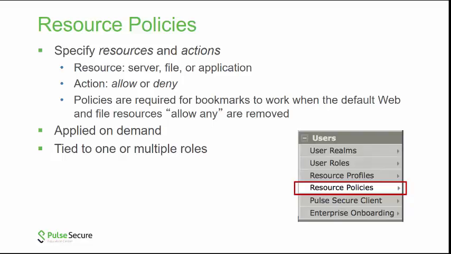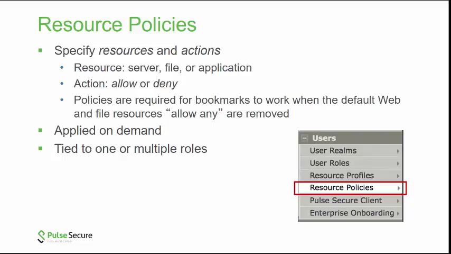Unlike roles, which are assigned once at login, Pulse Connect Secure evaluates resource policies each time a user attempts to access a resource. This evaluation allows you to make access changes without requiring users to disconnect and reconnect, provided the user's role is invoking the correct resource policy.